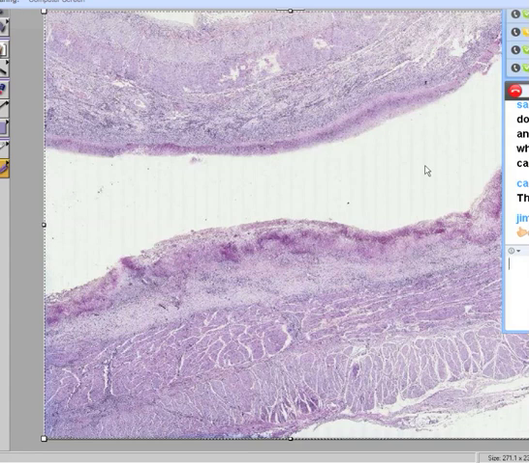I'm sure as soon as you see this case, you're going to say something like, gee, it kind of looks like a gastrointestinal slice, but the mucosa doesn't look like mucosa. It looks really funny. It's really purple. I don't see the glands too well.